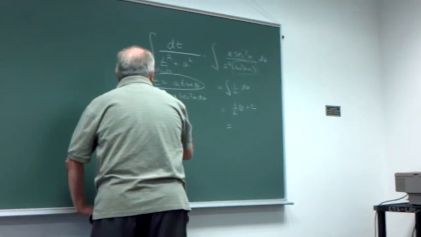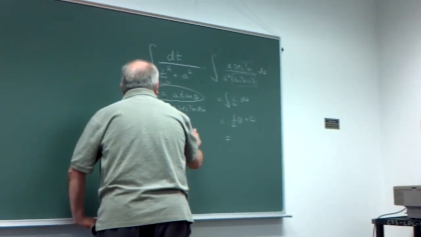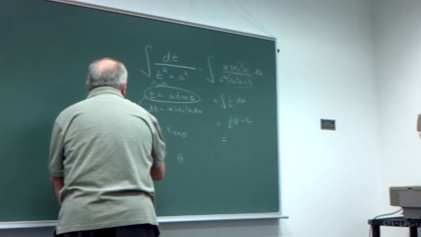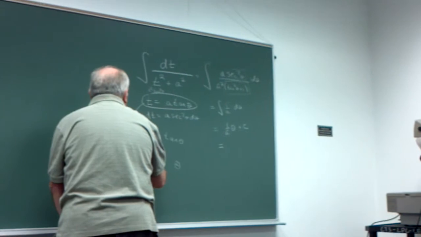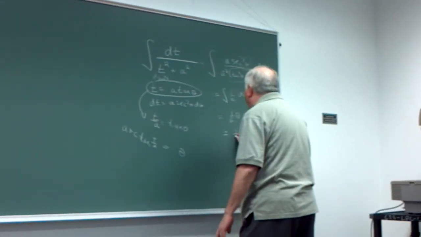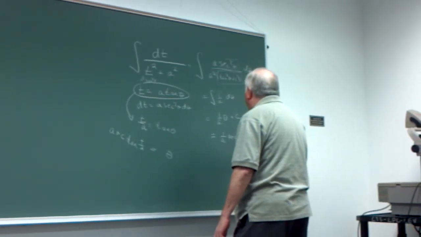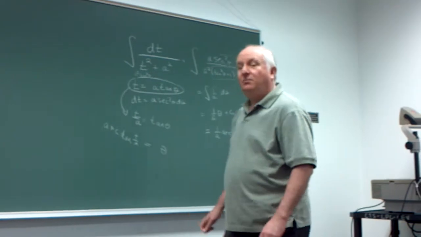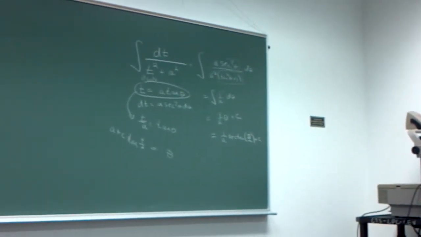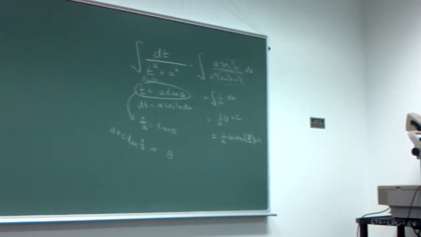Tan theta is t over a, so theta is the arctan of t over a. So this would be 1 over a times the arctan of t over a, which I think means we just derived formula number 24, by the way.